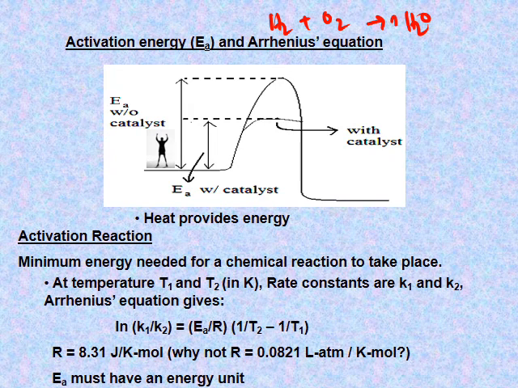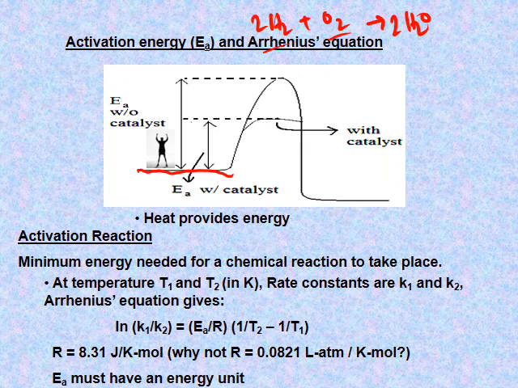If I want to balance it, 2H2 plus O2 giving 2H2O. Now this reaction, when you just put hydrogen and oxygen together, is not going to happen. So you have to provide enough energy so that hydrogen and oxygen not only come close together, they can also react. And this is how we explain this reaction.